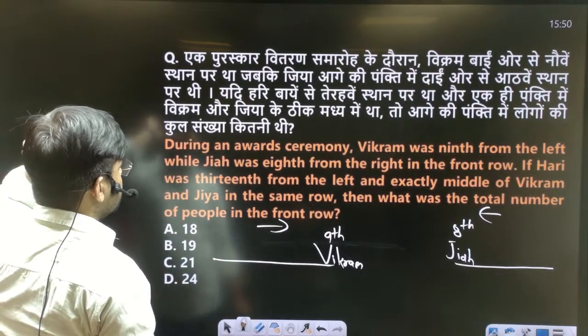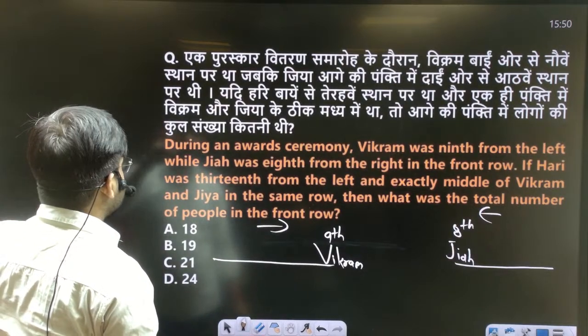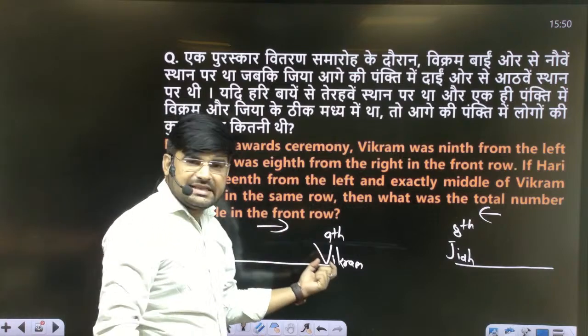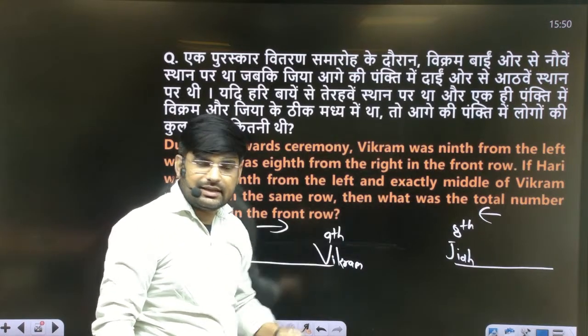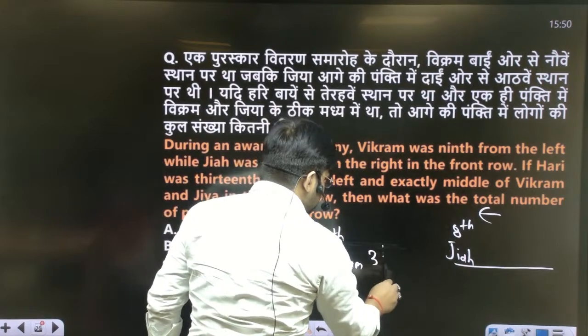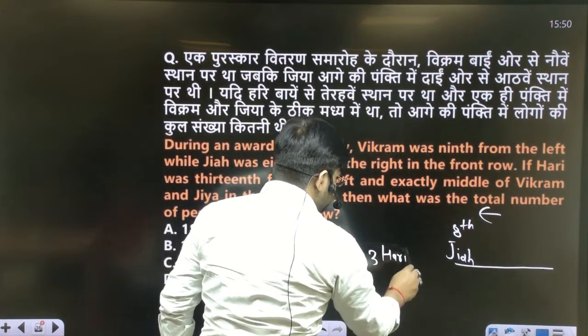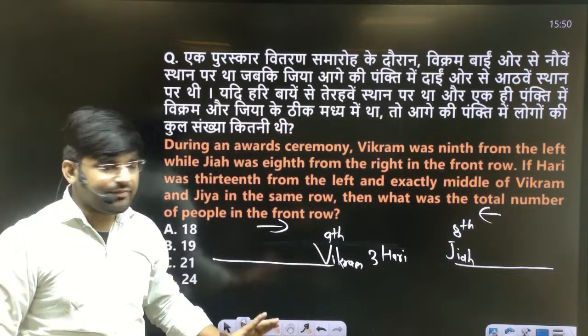And if Hari was 13th from the left, Bikram is 9th and Hari is 13th. It means after 3 persons, Hari is sitting. Is it clear?